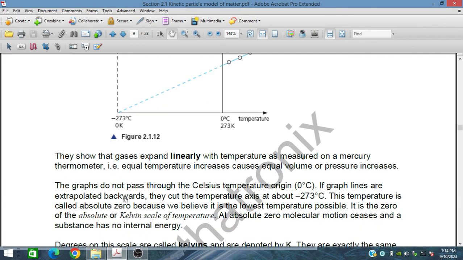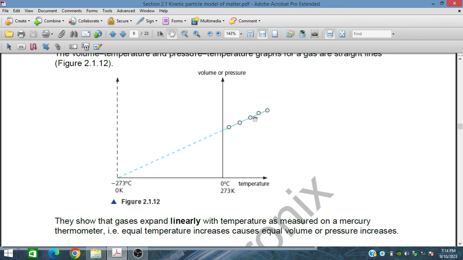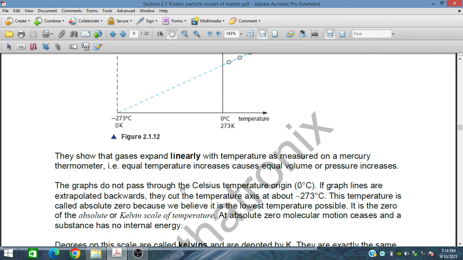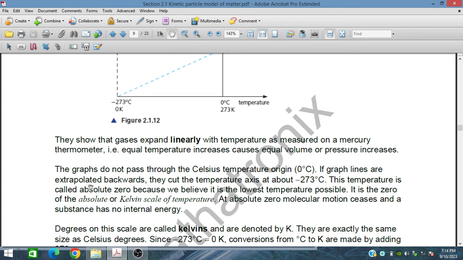The graph does not pass through 0 degrees Celsius. Here we have some points, but the line does not cross the axis, so we extrapolate it backward. If the graphs are extrapolated backward, they cut the temperature axis. This intercept value is at minus 273 Celsius.